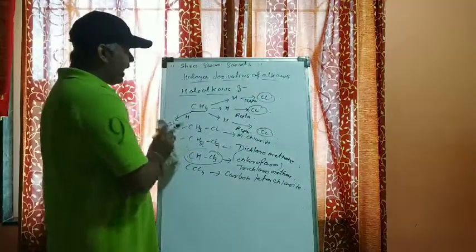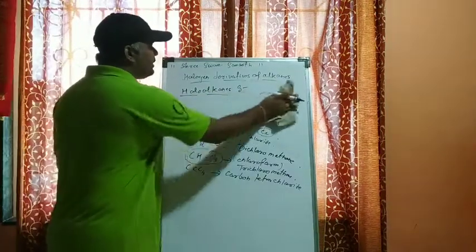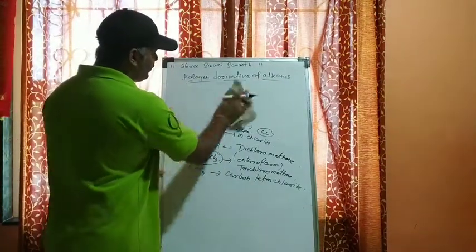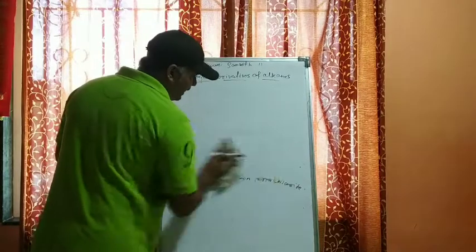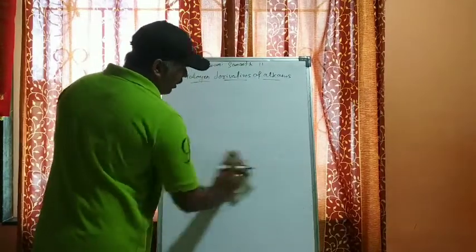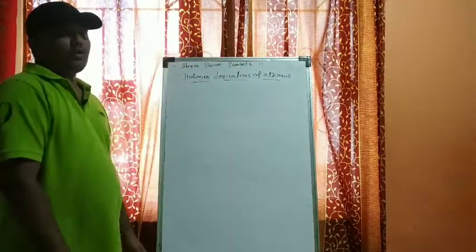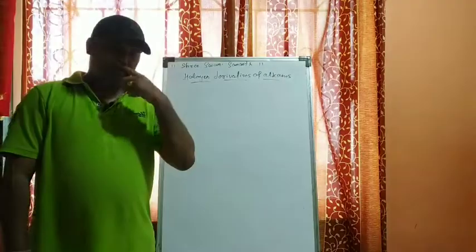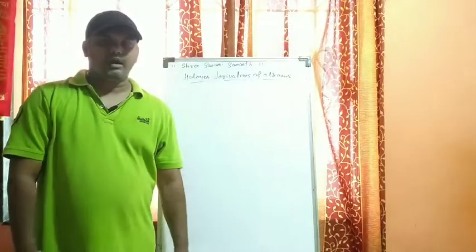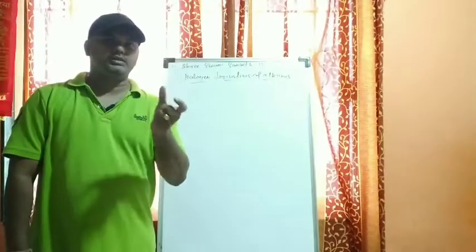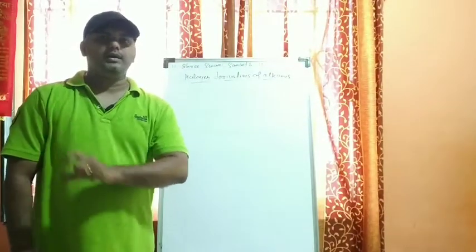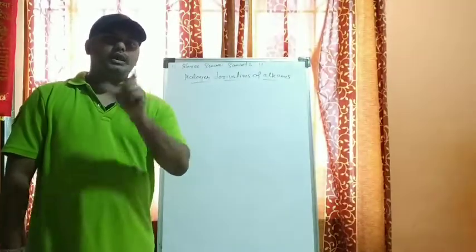So this is about the haloalkanes. Mostly in this chapter we are going to focus on the haloalkanes only, not on the haloalkenes or haloalkynes. Are you understanding? We are only going to focus on the haloalkanes.